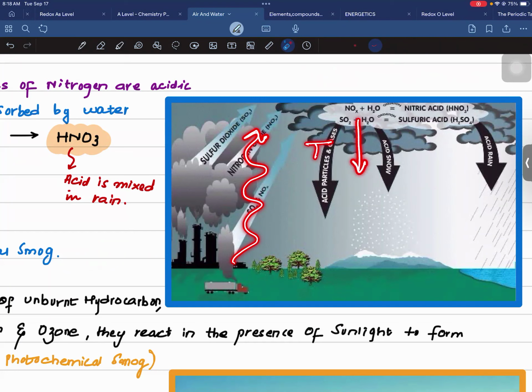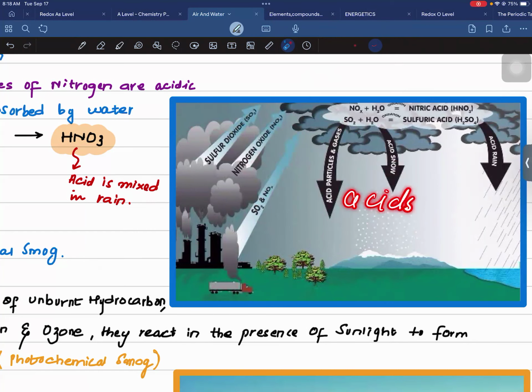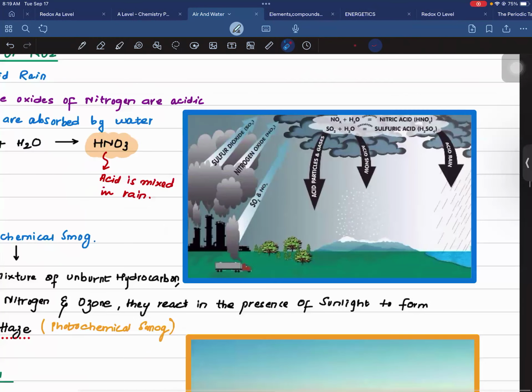As you are going upward, the temperature is going to decrease. When the temperature decreases, the droplets get larger. The droplet gets bigger and bigger. So when these water droplets contain acid particles, it may be sulfuric acid, it may be nitric acid, it becomes heavier. So they just fall down as acid rain. Okay. So this is all about acid rain.